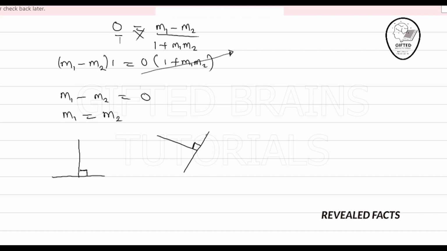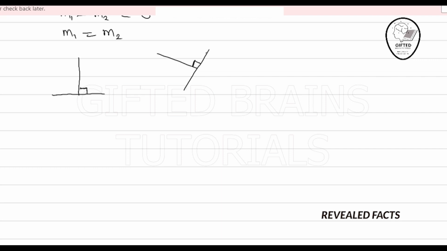Going back to my equation, now we have that tan 90 degree is equal to m1 minus m2 all over 1 plus m1 m2. But briefly take note, people say tan 90 is undefined.